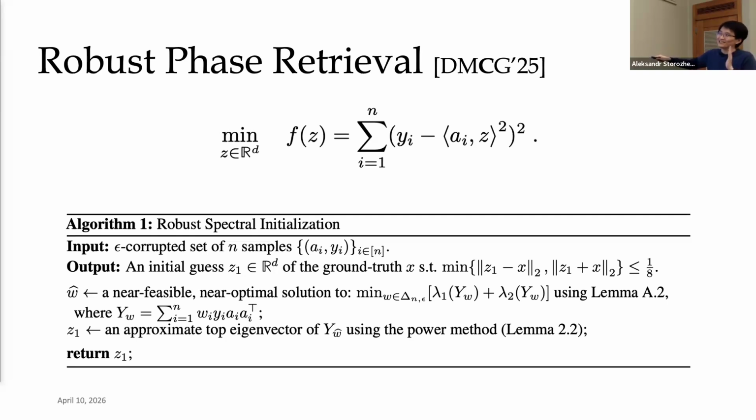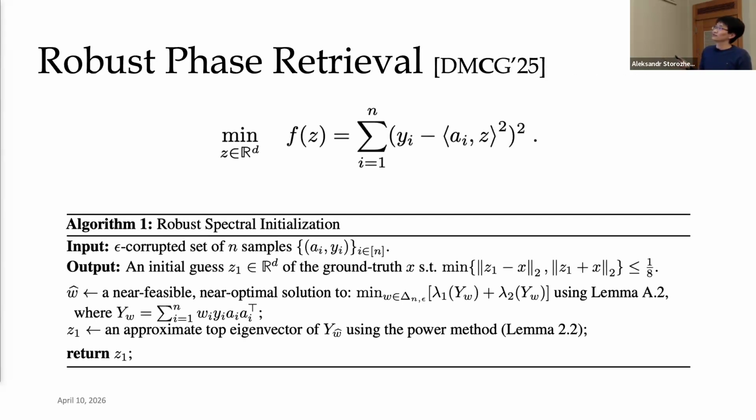That's not important, but basically there is a way for you to very efficiently initialize at a point that's very close to the ground truth. Precisely in this sense: the L2 norm between my z_1 and the ground truth x is at most some constant. Here we're normalizing the norm of the ground truth to be 1.